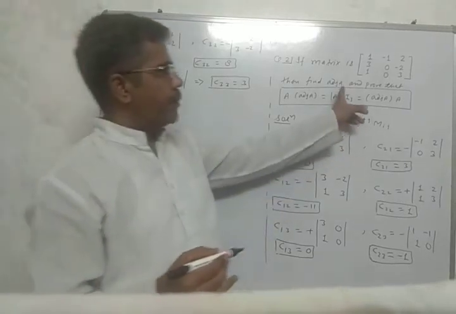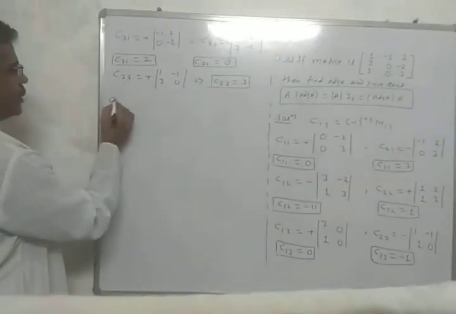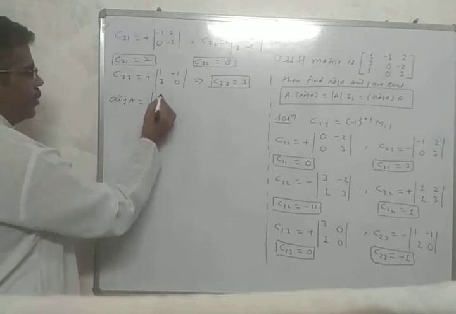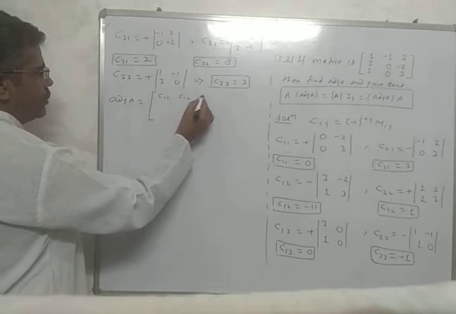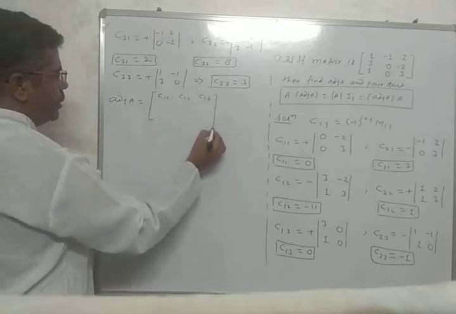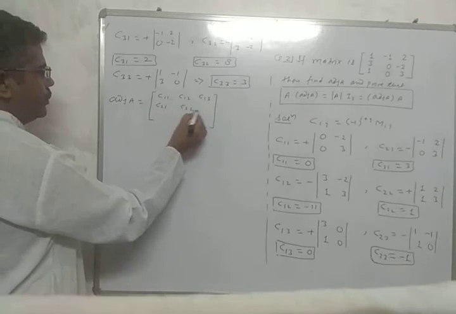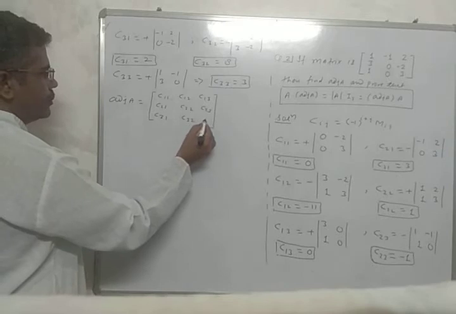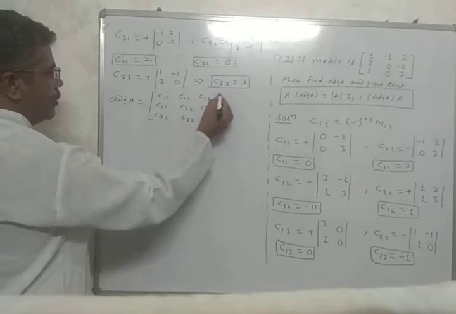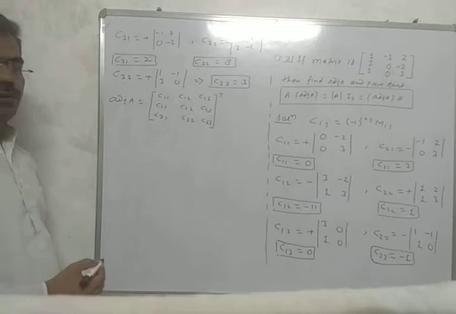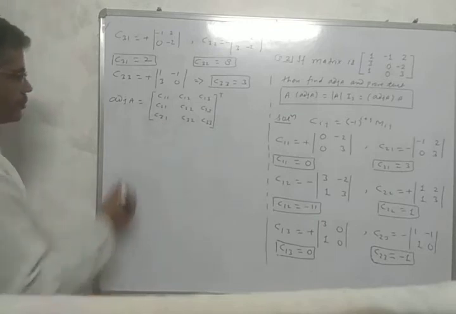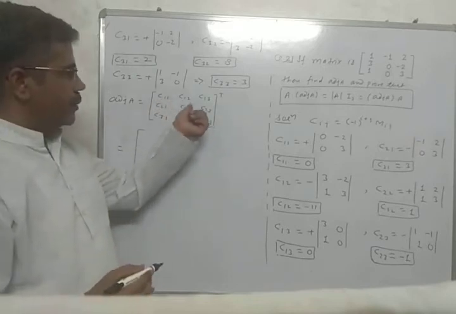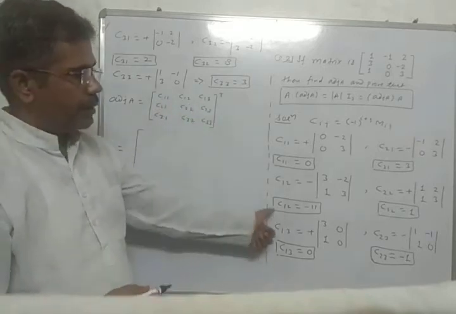We find the adjoint of A. The adjoint of A is given by the transpose of the matrix C11, C12, C13, C21, C22, C23, C31, C32, C33. We put in the values from here.